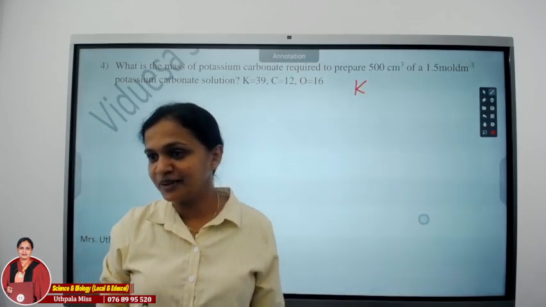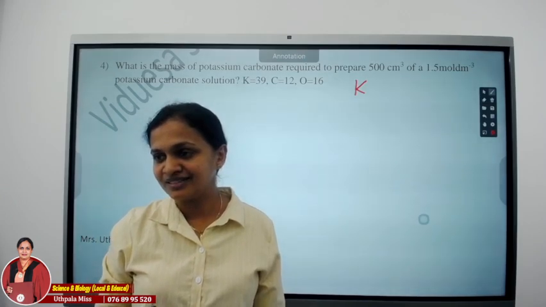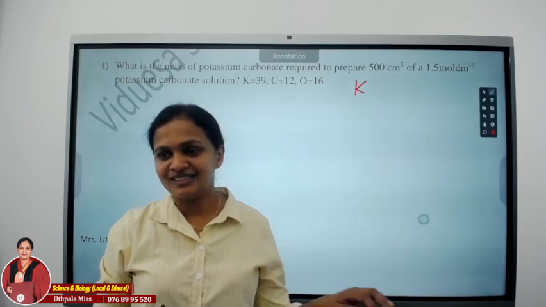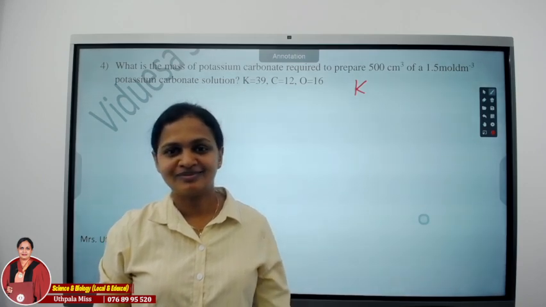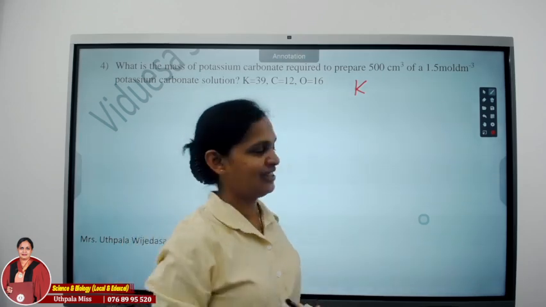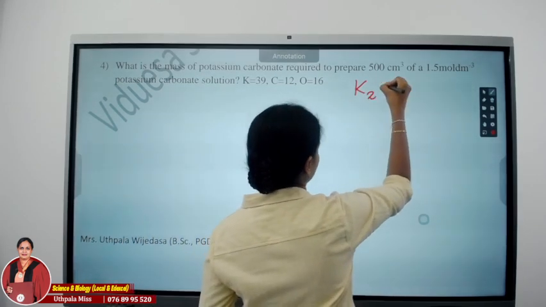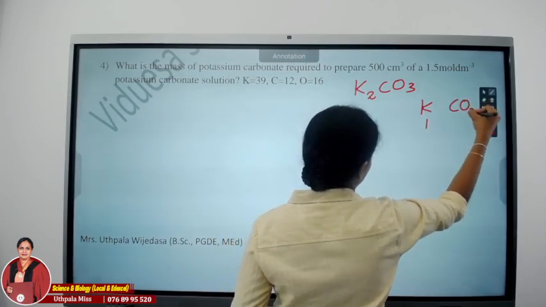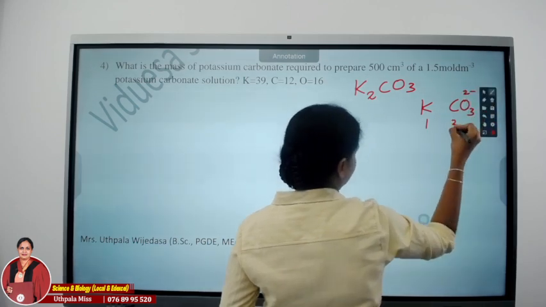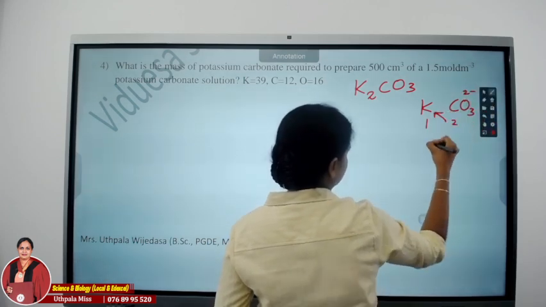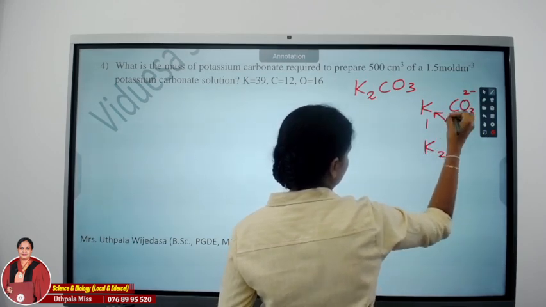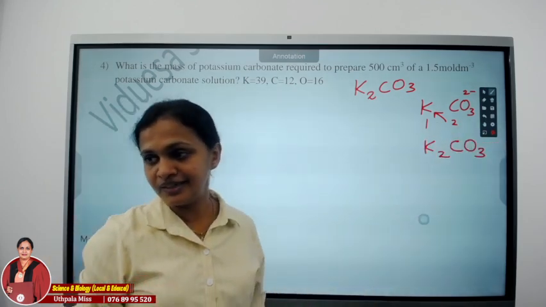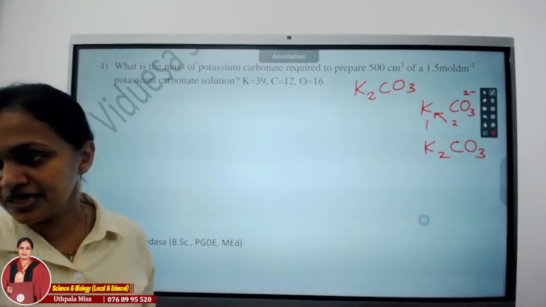K2CO3. Potassium, the valence is 1. Carbonate is CO3 2 minus. Therefore the valence is 2. Once you exchange the valences, this becomes K2, and this one belongs to the carbonate radical. K2CO3. Right? Okay, then what do we do next?